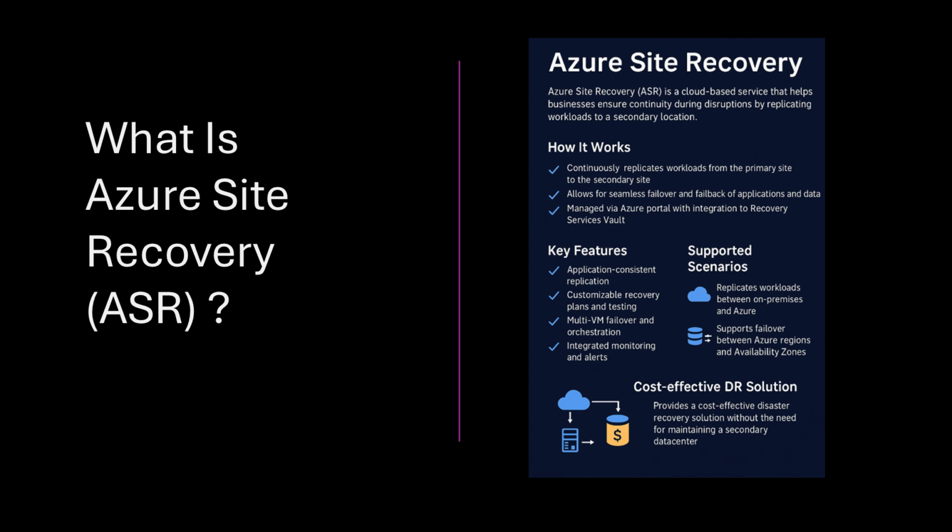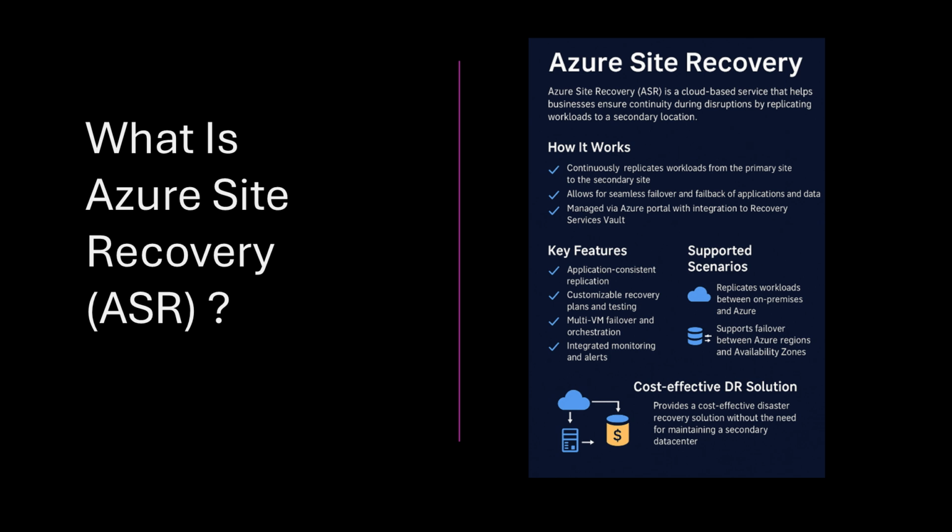What makes ASR powerful is its rich feature set. You get application consistent replication to ensure that your workloads maintain integrity. You can design custom recovery plans, specifying the exact sequence of actions during a failover, even using automation scripts.